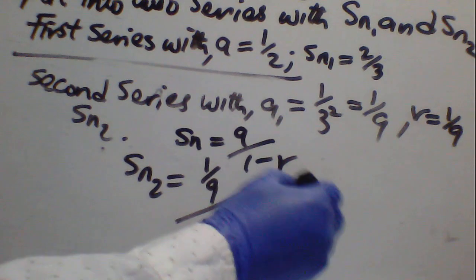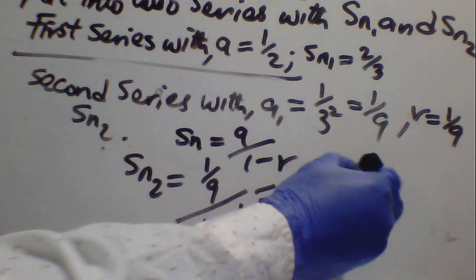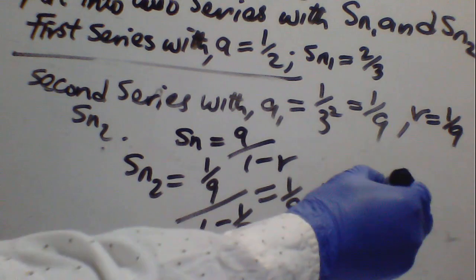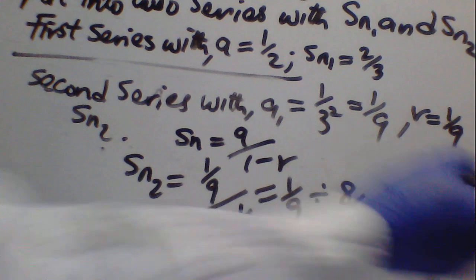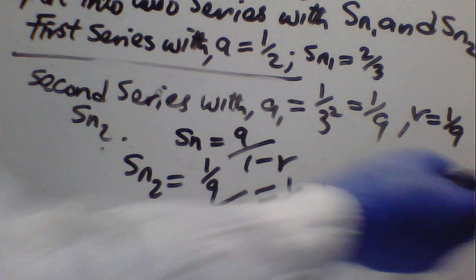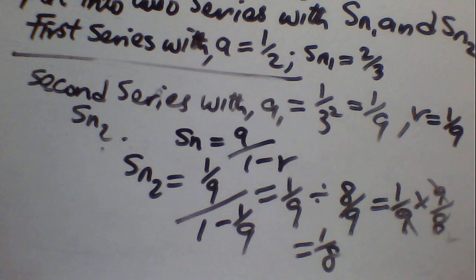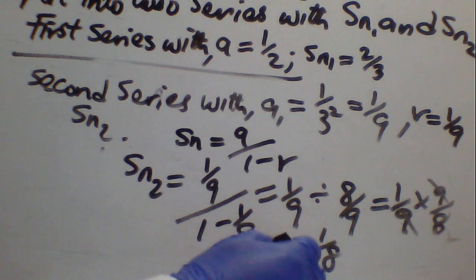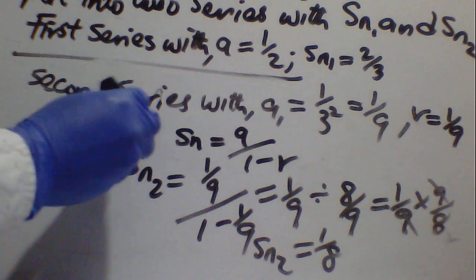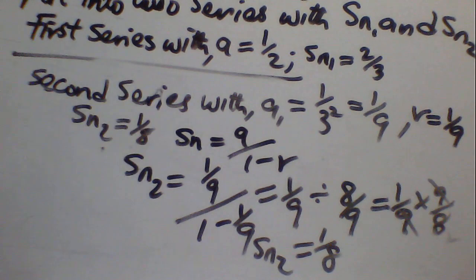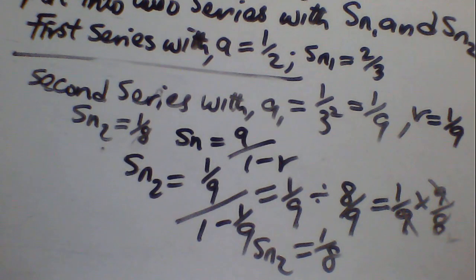From here, you have 1 over 9 divided by 9 times 1 is 9, 9 minus 1 is 8, 8 over 9. So we have 1 over 9 multiplying the reciprocal, so this can cancel to give us 1 over 8. So Sn2 is equal to 1 over 8.